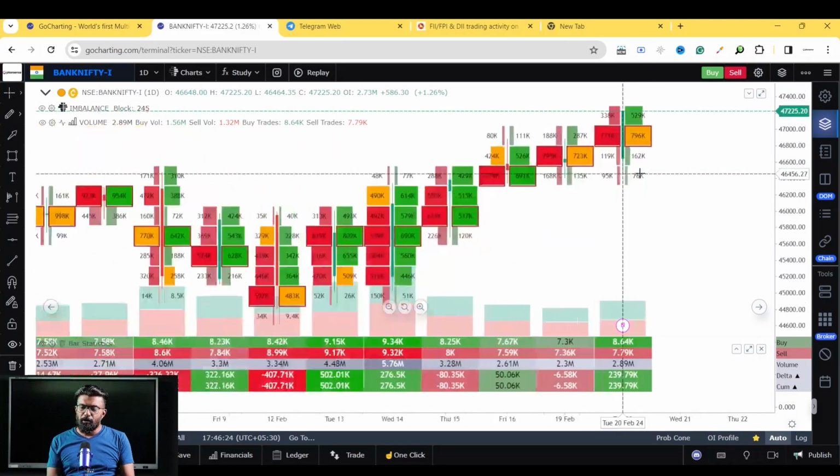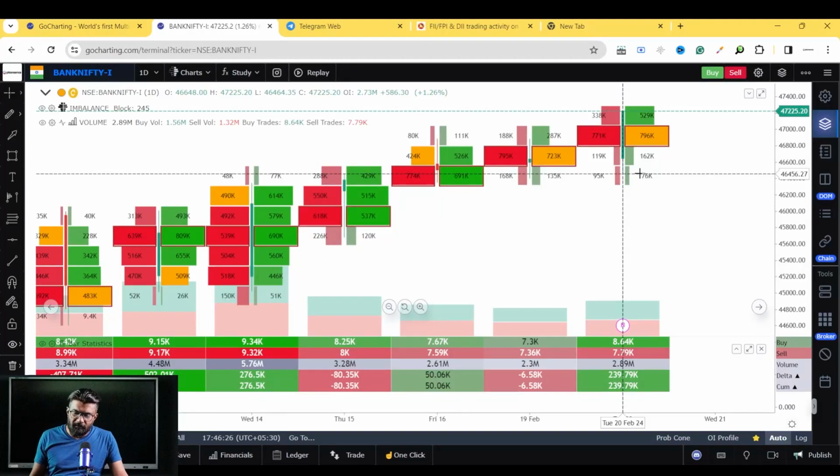So make sure you observe the 47,000 level, and you can see here there are huge calls and puts being written at 47,000. If the market sustains 47,000, we might go on the higher side. We might go to 48,000 also. It is not going to be a surprise.